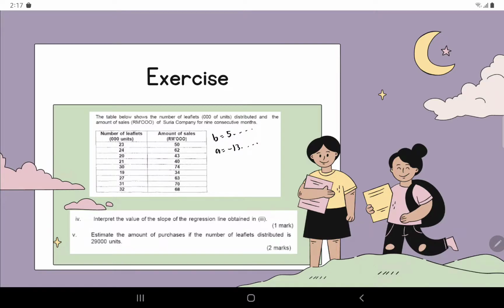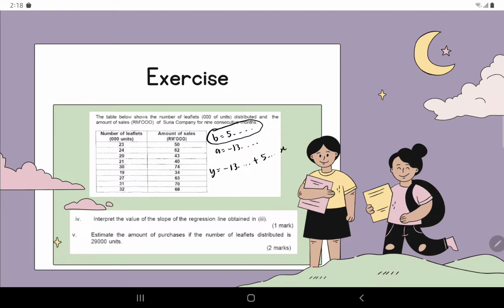Okay, so our equation based on this value is Y equal to A point something plus B point something X. Okay, so we want to interpret the value of slope. Okay, slope is the value of B. Okay, B tu adalah slope. So dia suruh interpret the value of B ni.